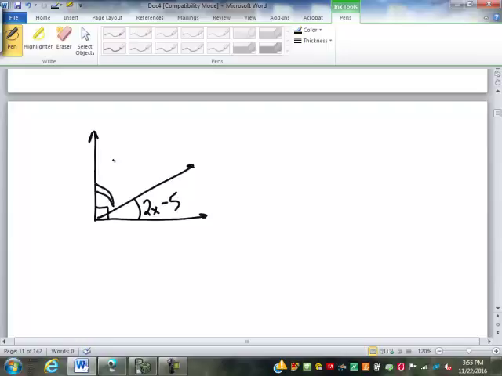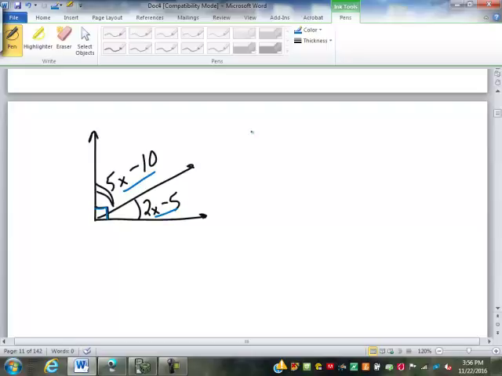And this angle up here might be listed as 5x minus 10. And the indicator here tells us that those two angles are adding up to 90 degrees, so they are complements. So what do I know about those two angles? Yes, exactly. They add up to 90 degrees.